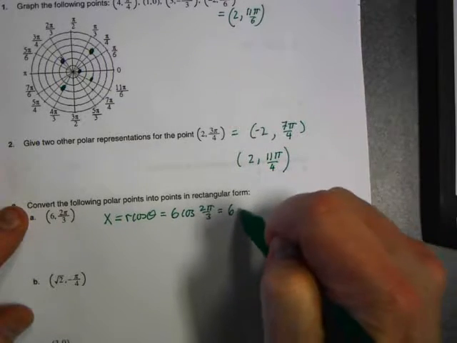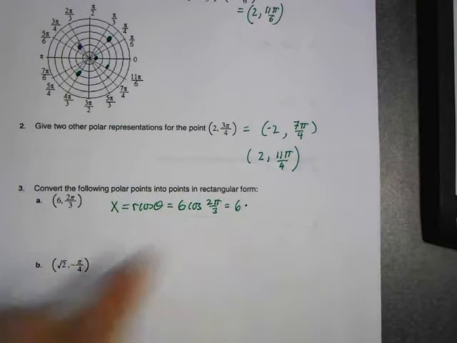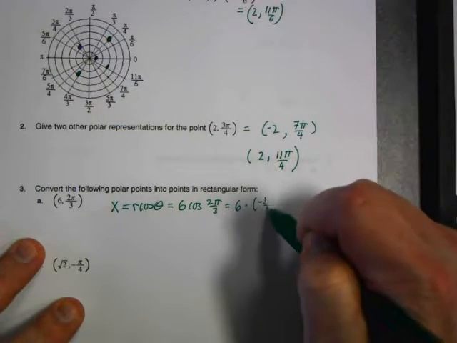That's 6 times, what's the cosine of 2 pi over 3? Negative a half, because 2 pi over 3 is in quadrant 2. So this is 6 times negative a half, that's negative 3.